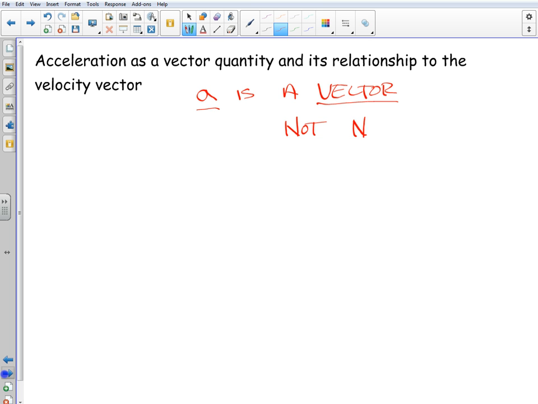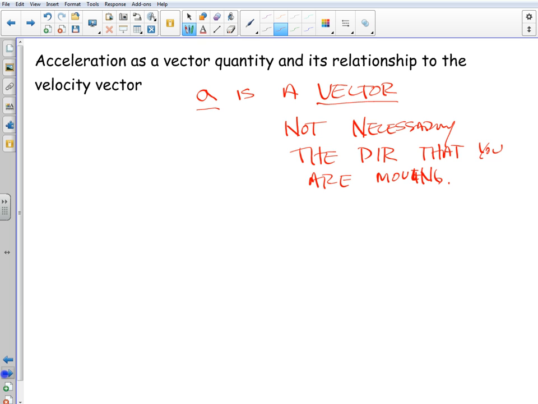What vector is the direction you're moving every time? That would be velocity, right? Your velocity vector is the direction you're moving.